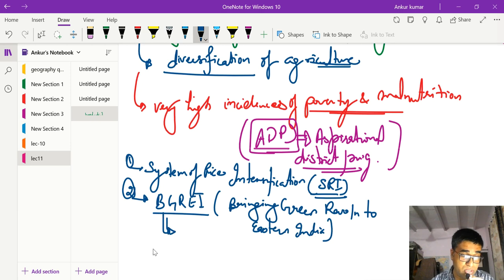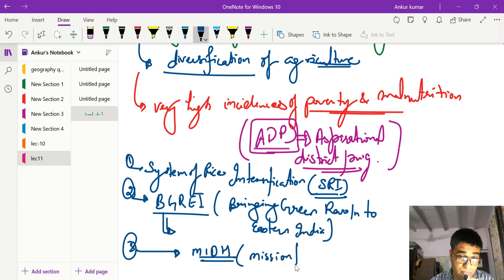In addition to this, we have to aggressively implement the MIDH scheme, the Mission for Integrated Development of Horticulture, in this region.